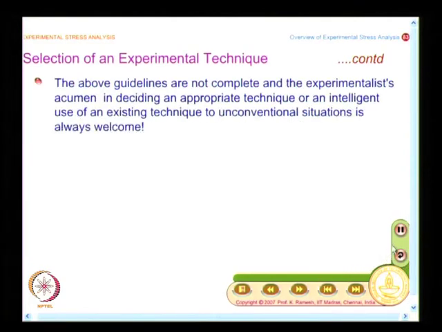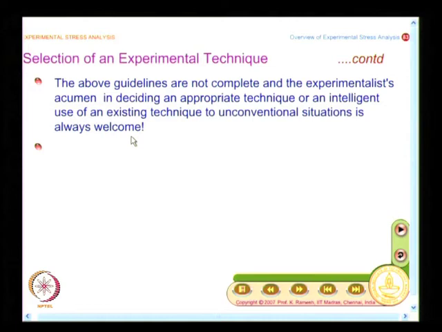Then what you have to keep in mind is that whatever the guidelines that we have discussed so far, they are not complete, and the experimentalist's acumen in deciding an appropriate technique is very much essential, and intelligent use of an existing technique in unconventional situations is always welcome.